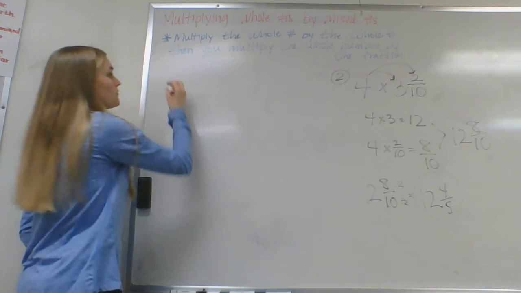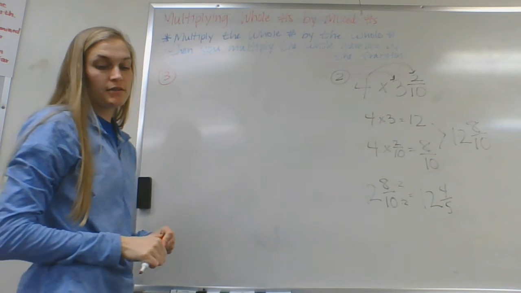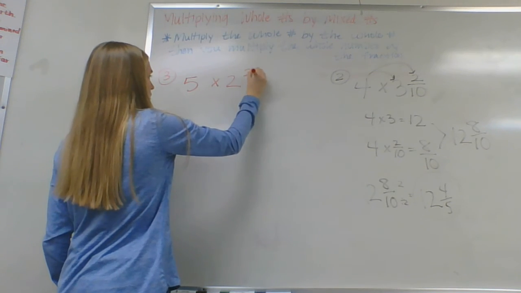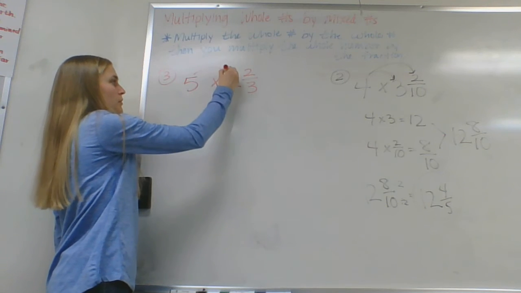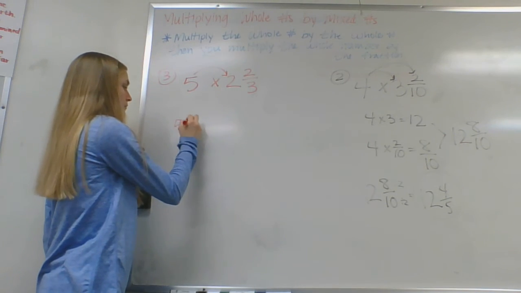All right, number 3. We will do 5 times 2 2/3. Step 1, multiply the whole number by the whole number. 5 times 2, 10.